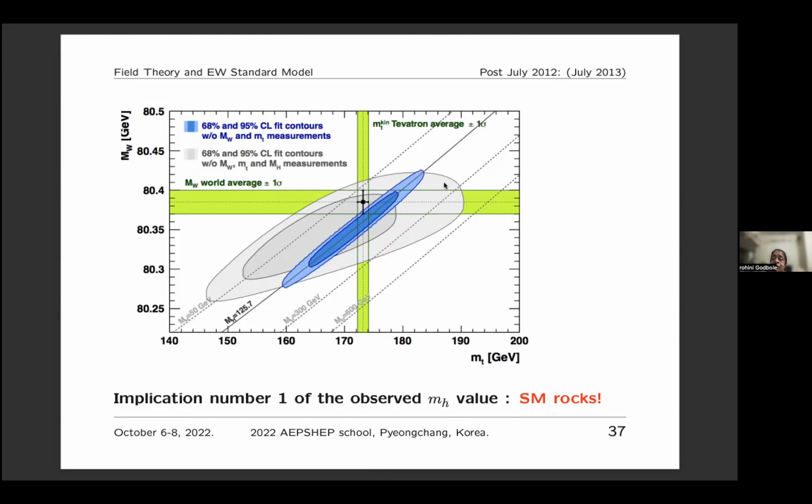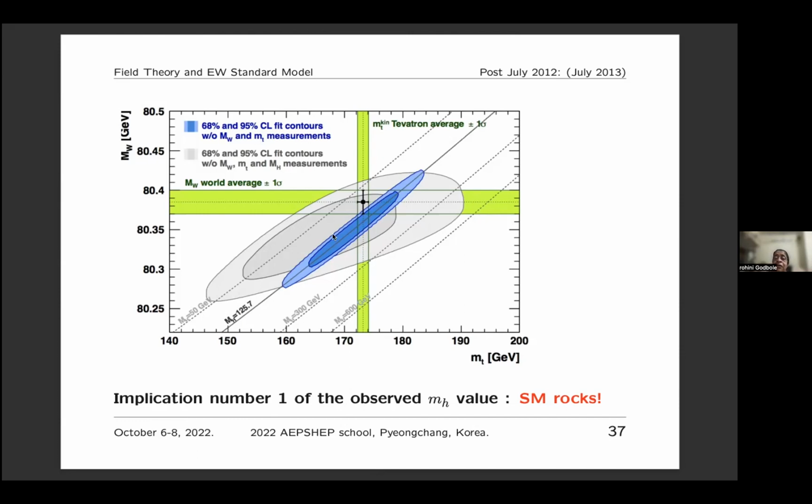And indeed, it said that MW and MTOP should lie in this big gray region, depending on what the Higgs mass was, and the agreement of this central measured value with this, living inside this big gray region, meant that the standard model has been tested and it is correct.